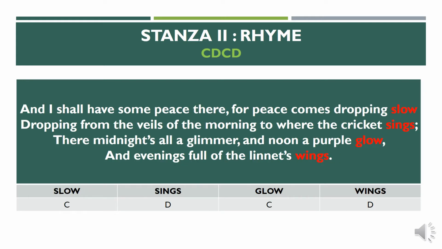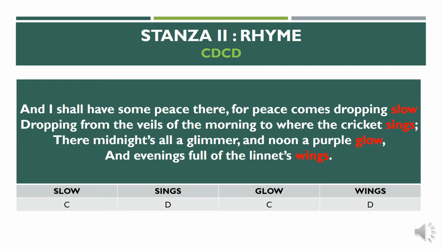Here is the second stanza, and in the second stanza the rhyme scheme is CDCD. How is it CD? Because we have already utilized A and B, we will give a new scheme to any new rhyme. Here the new word is slow, and slow is rhyming with glow, so we will give the first and third lines the same scheme.